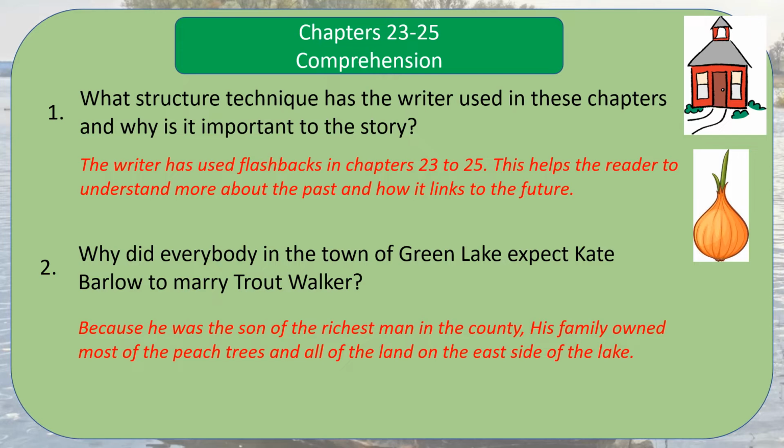In the story as well, we see that Trout Walker can be a little bit stupid because he's not taking the work that Kate Barlow is doing in school seriously, is he? Which makes him look even more silly than he already is. Well done if you've got something similar to that.